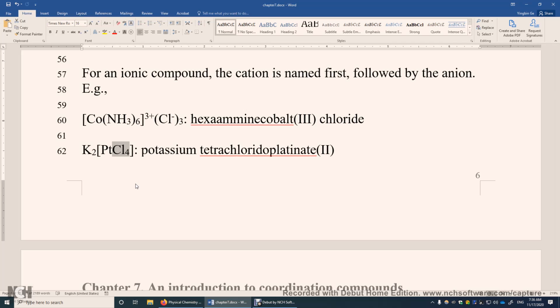You need to replace the ending letter E with O. So it's tetrachlorido. And over here, pay attention, it's not platinum. This is because in a negatively charged transition metal complex, you need to replace the suffix of the metal with ATE. So platinum becomes platinate.